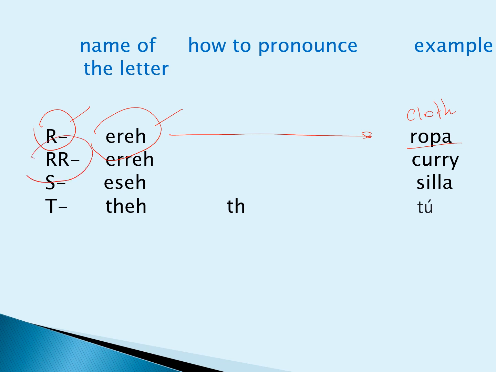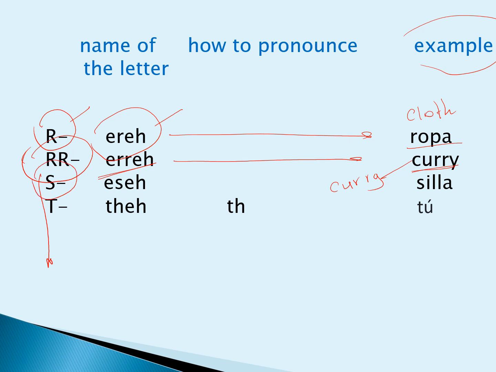Here you can see this letter. You can't see it in the English alphabet. Then you can see the example. How to pronounce? Curry means curry. Right.